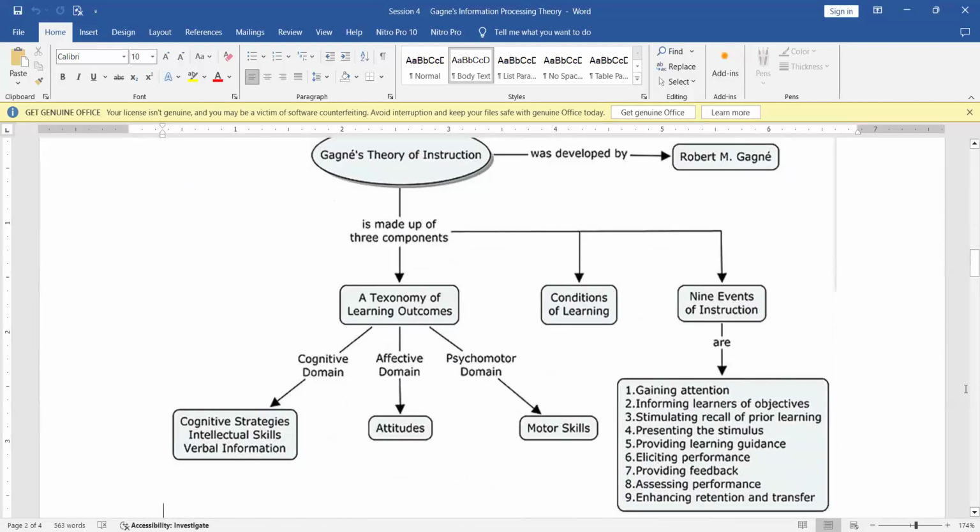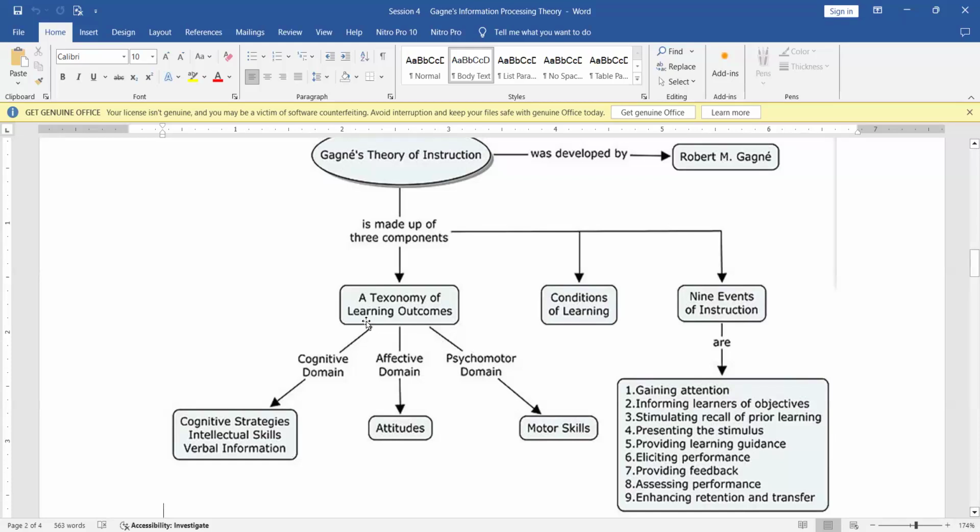But this is about Gagné's information processing theory of learning, which is grounded on the cognitive processes of the individual, right? Under three components. What are these three components that we have to discuss to know Gagné's information processing theory?